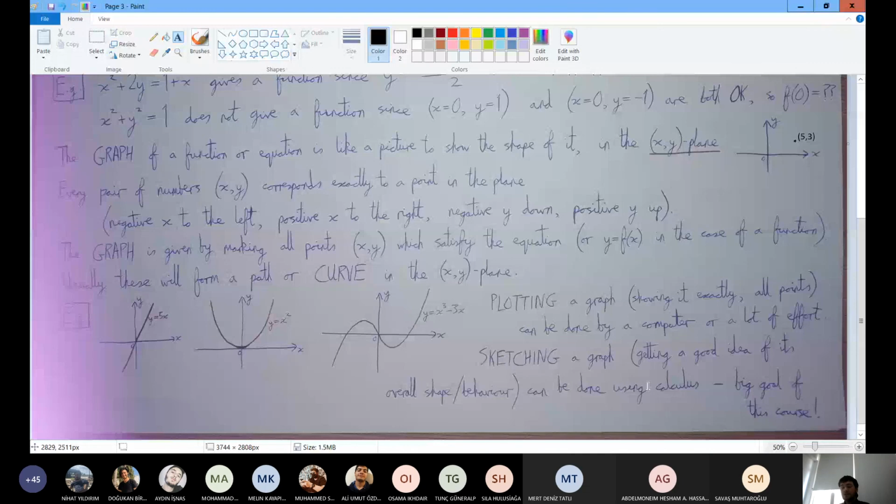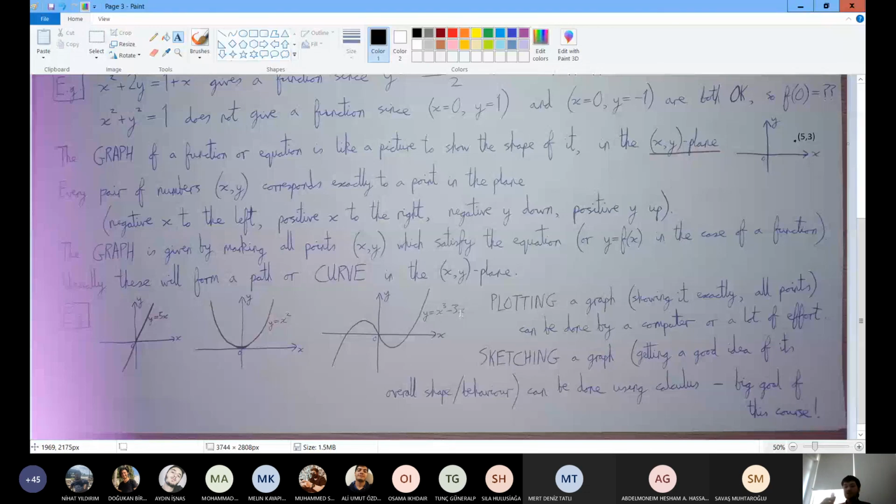So after about 6 or 7 weeks from now, I will be able to give you a function like this, and you can use a few calculus tricks, and you can easily find the shape of the graph. You might think now that this is difficult, like how do you get this shape just from knowing that one number is given by cubing another number and subtracting 3 times it, y equals x cubed minus 3x.